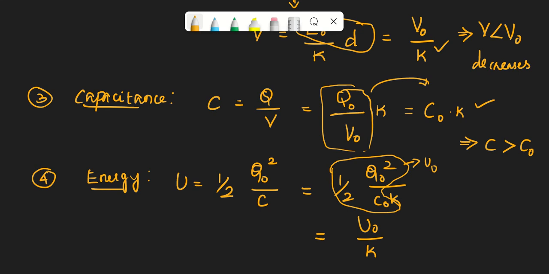So U0 divided by K, which means that the energy actually decreases.